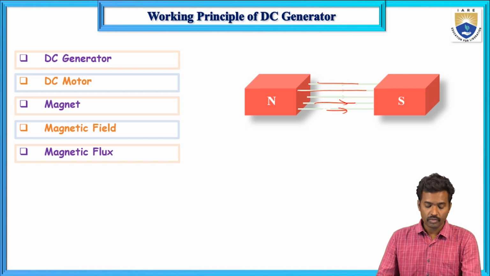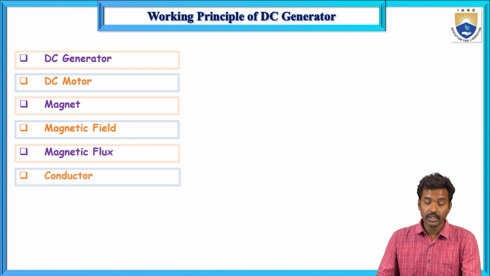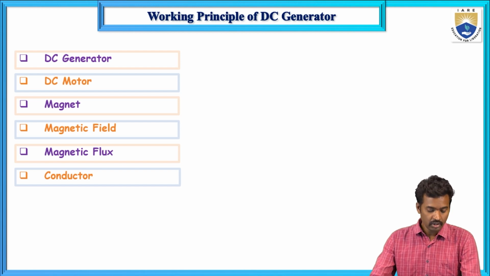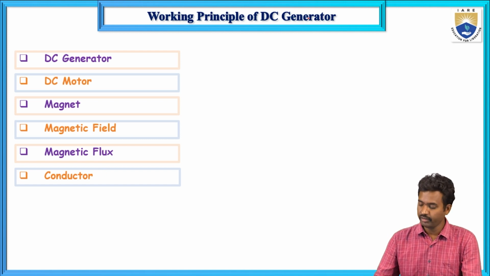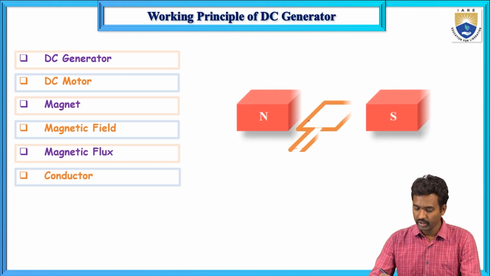Next, conductor. What do you mean by conductor? Conductor means the material, the active length of wire in the magnetic field, in which EMF will be generated.